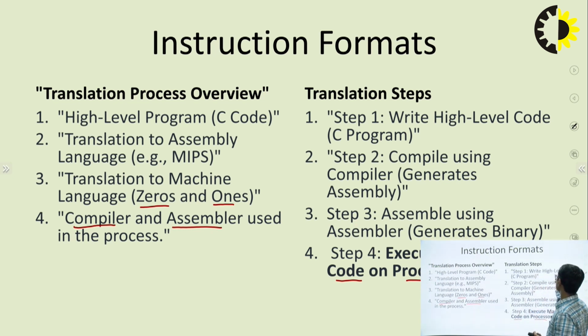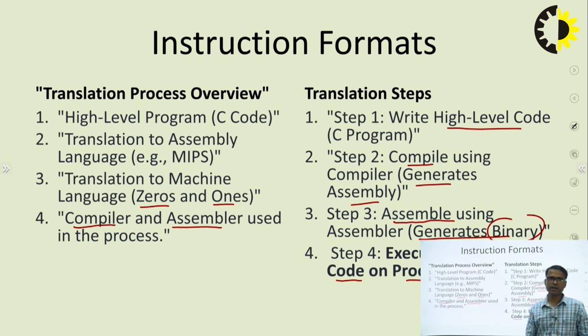We write a high level code, that is a C program. In step 2, the compiler generates assembly code. In step 3, this assembly code is used by the assembler to generate the binary code. This binary machine code is used at the processor level.